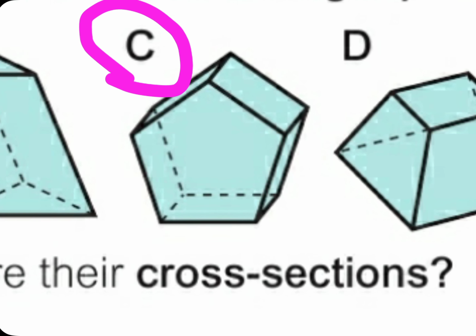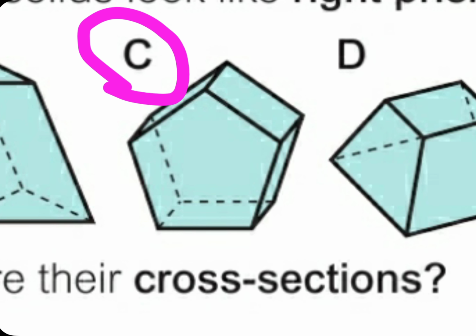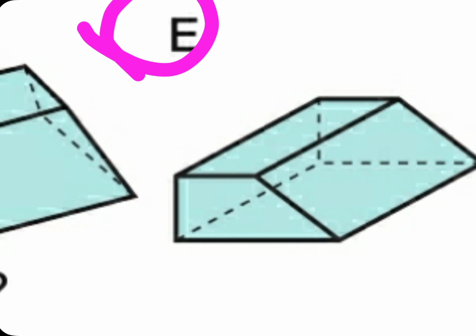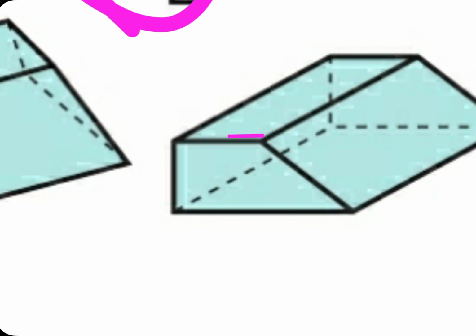Let's look at C. What do you think the cross section is? Very good. It's a pentagon. It's obvious because the beginning of the prism is a pentagon, so each cross section will be the same. Same idea for E. What is the cross section of this shape? Very good. It's a trapezoid. Good job.